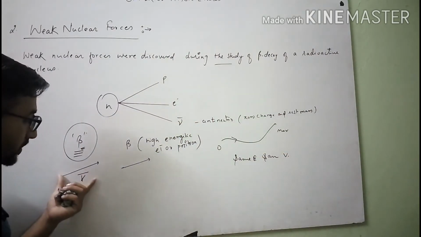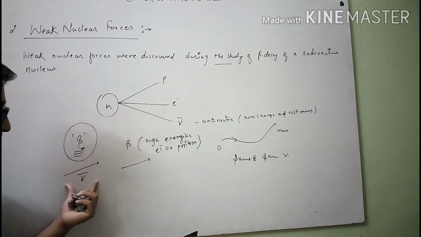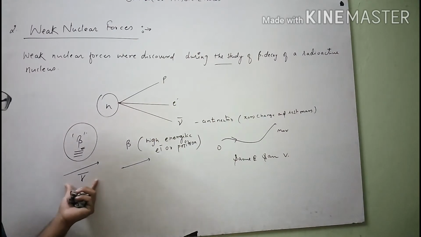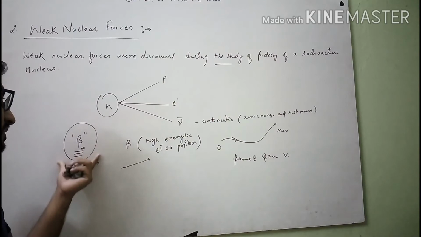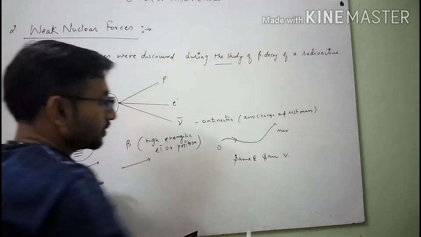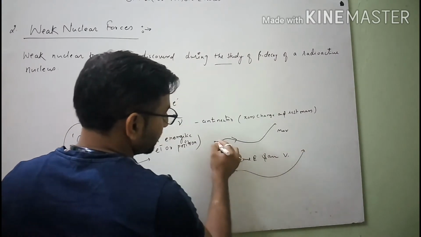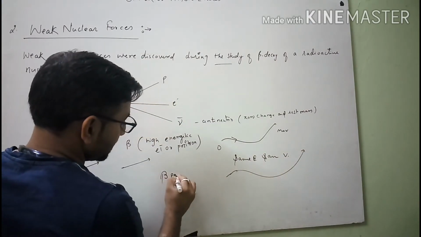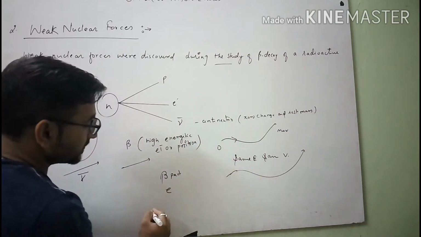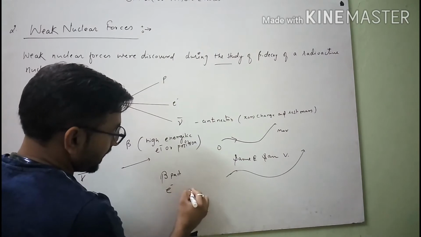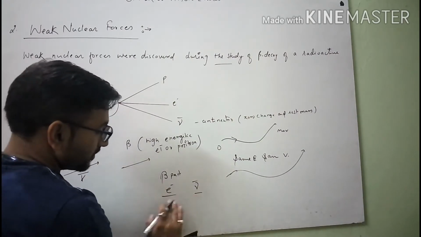So Pauli said that when this antineutrino particle, which has no charge and rest mass, is emitted along with the beta particle, they both have energy and share their energy between them. Means the beta particle, the high energetic electron, and the antineutrino share their energy.